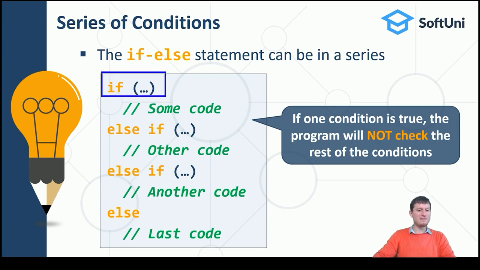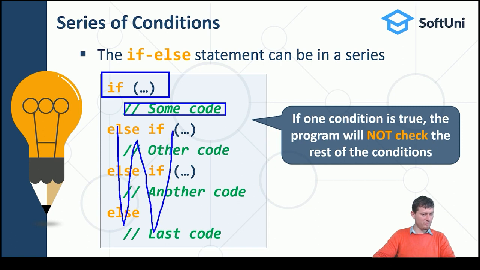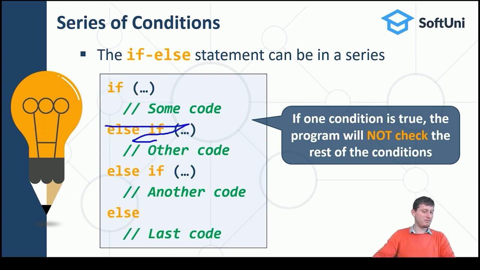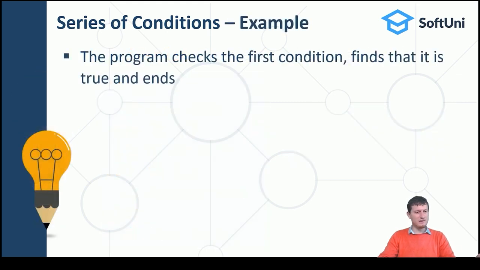So if this first condition is true, this will be executed and all these checks will not be tested because they are in the else statement, which is just the traditional logic we might have if we think a little bit.